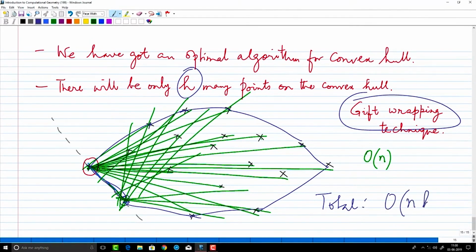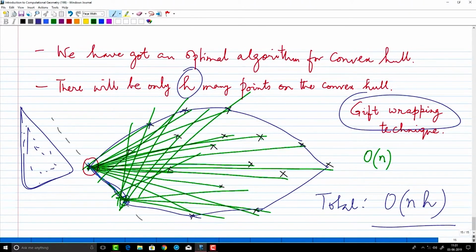order NH, right. Now, H can be order n, I do not discount that fact, then you are taking quadratic time, but if your H is something sublinear, so if your H is log n, you are doing n log n, if your H is constant, then you are doing order n. Think of the situation when the convex hull is a triangle and all points are inside, then you have a linear time algorithm.